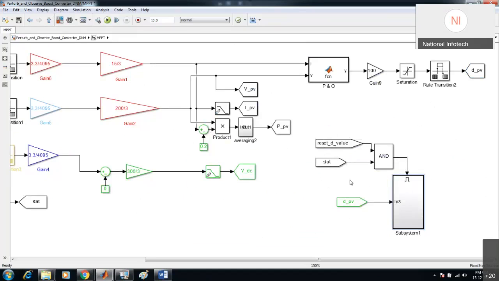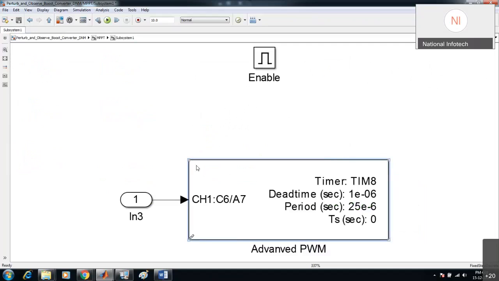To initiate the operation, we need to press the button, right? Yes, exactly. So whenever we press the button and the one comes here, this subsystem will be enabled, and what we have kept in here is the timer 8.